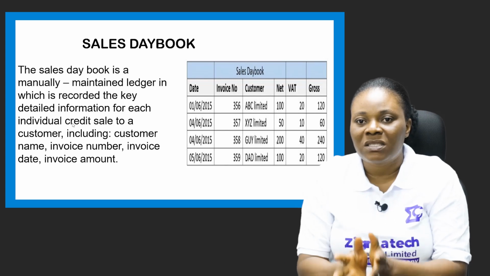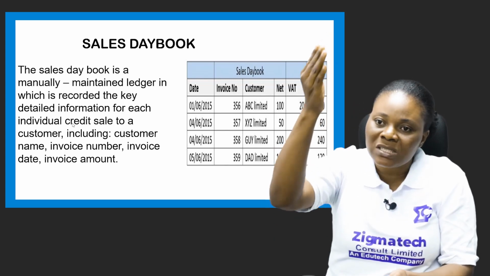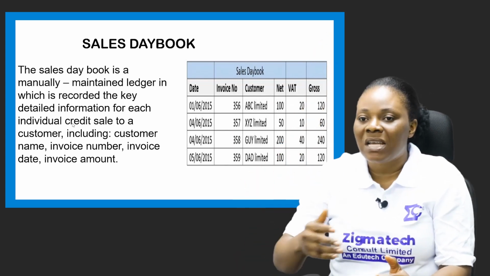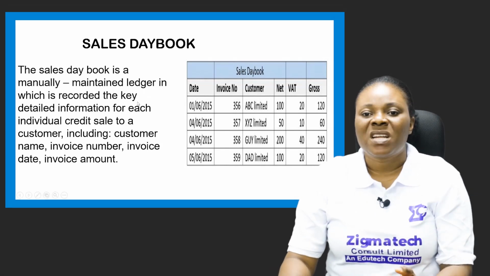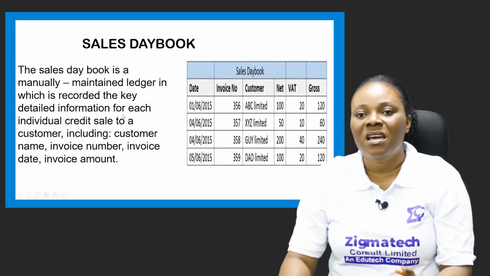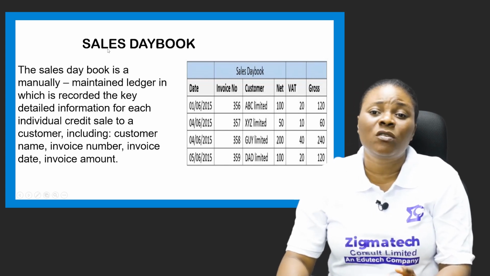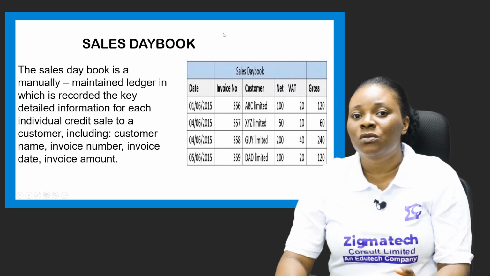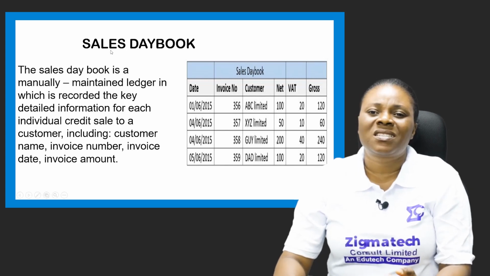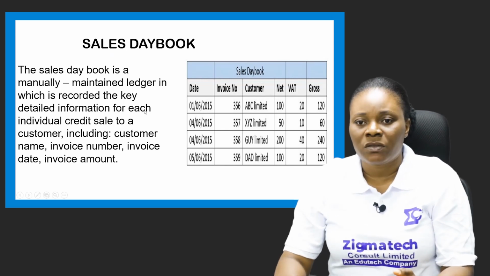So at the end of the month, as a seller, you are able to know the total amount customers are owing you. That is the essence of preparing the sales day book. The sales day book can also be referred to as sales journal. Take note of that too.